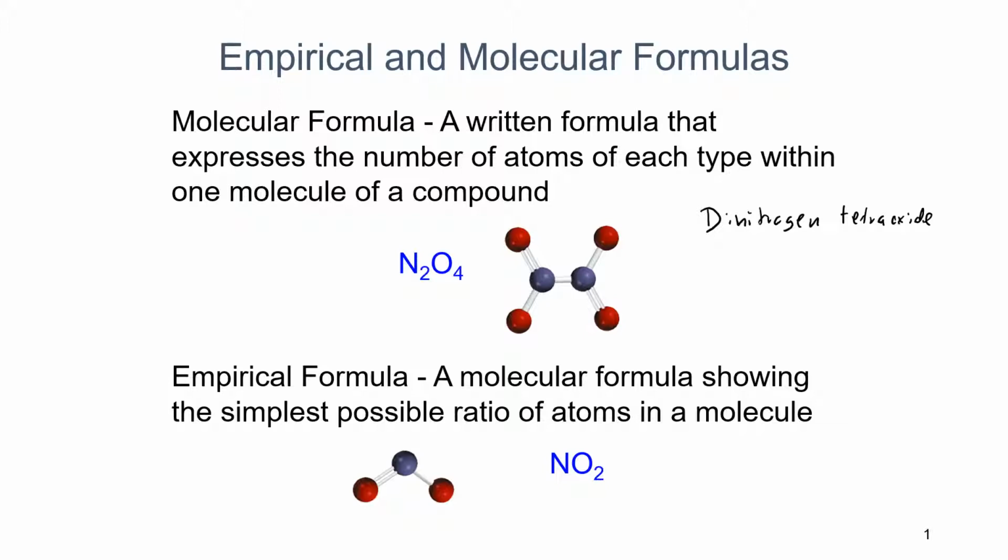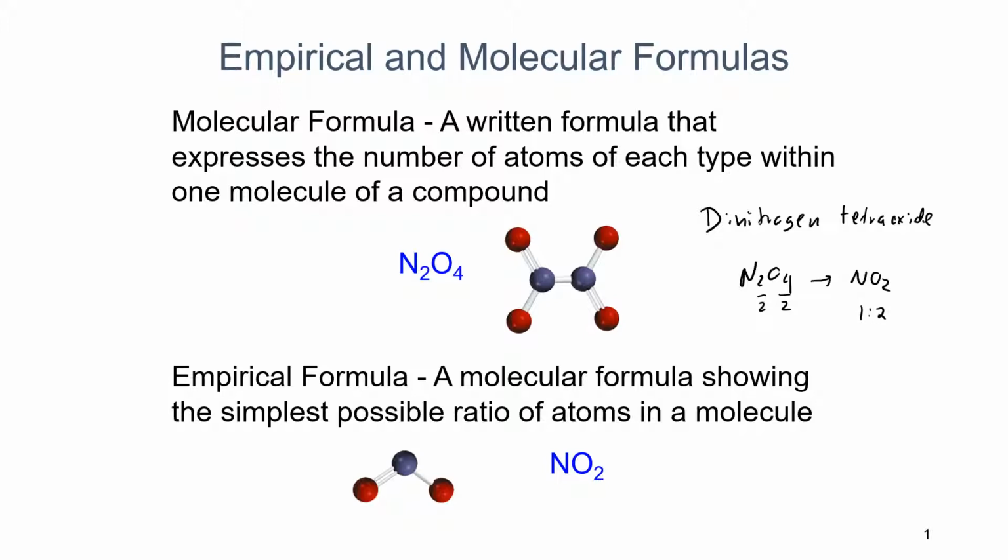Okay, that makes sense. Now there's another concept we want to introduce further called empirical formula. Empirical formula is the smallest ratio of atoms in a molecule. So for N2O4, we know that there's two nitrogens and 4 oxygens. If we instead divide by 2, we get NO2. So this has a ratio of 1 nitrogen atom to 2 oxygen atoms.